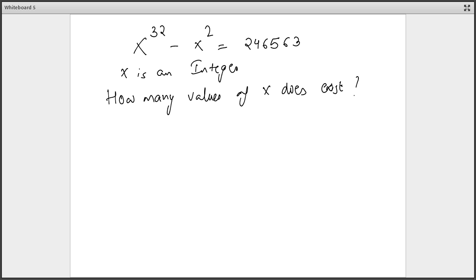Even plus even, these are the universal rules, is equal to even. Second, even plus odd is equal to odd. Third rule is this, odd plus odd is equal to even.